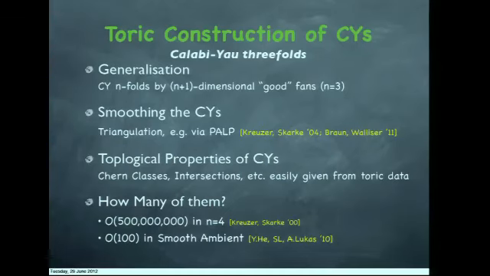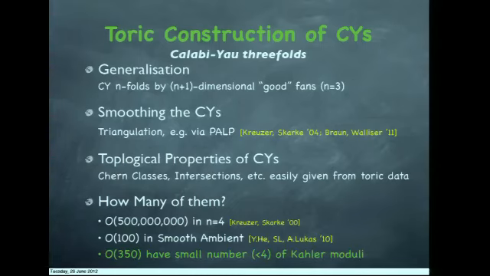One natural subclass is those Calabi-Yau three-folds embedded in smooth ambient toric varieties. The ambient varieties don't need to be smooth, but this is one natural subclass we can think of, for which there are 100 Calabi-Yau three-folds, roughly. A systematic model building has indeed been undertaken for this subclass, but unfortunately, we haven't been able to obtain any simple enough models here.